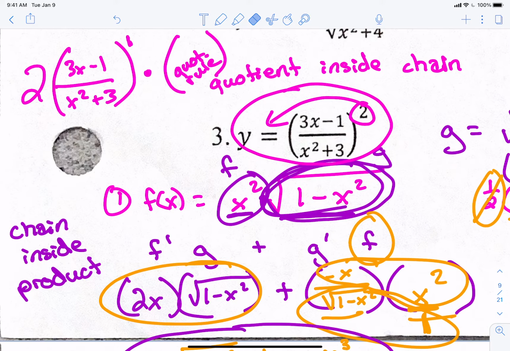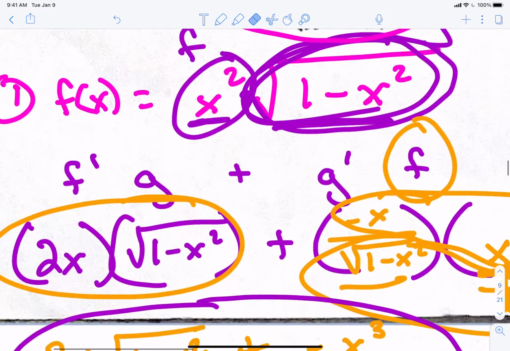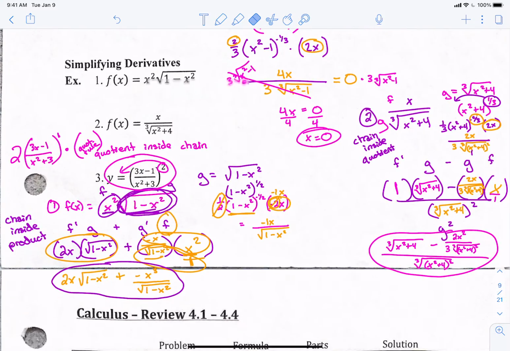Don't use the one from the homework; change it slightly. Number 11, a quotient inside of a chain. Write out what a function would look like. We labeled those here, so those are sample ones of what they look like.